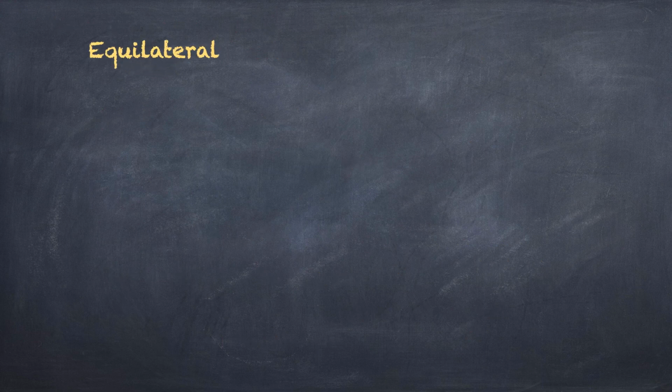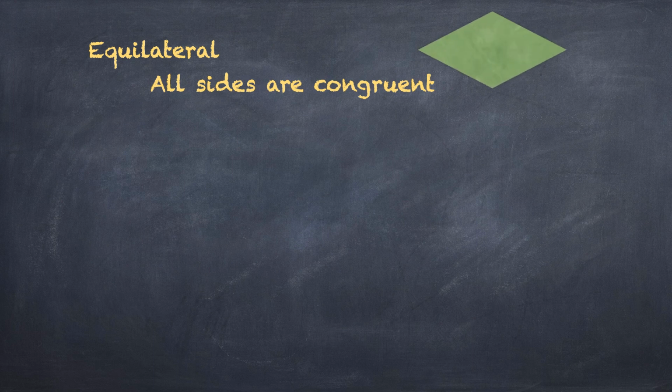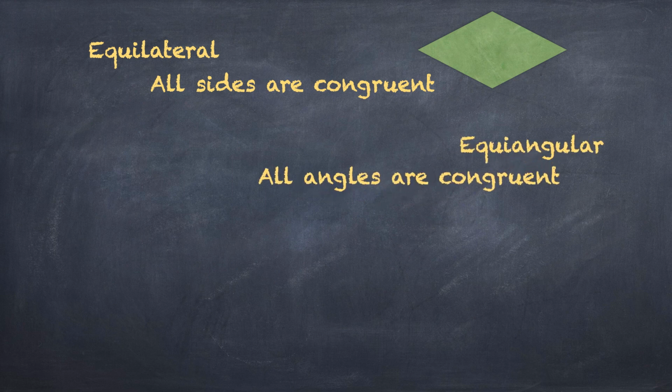Equilateral. Equilateral in itself really just means all sides are congruent. Like in this rhombus, all of the sides are congruent. The angles are not all congruent, but the sides are. If all of the angles were congruent, that would be equiangular.